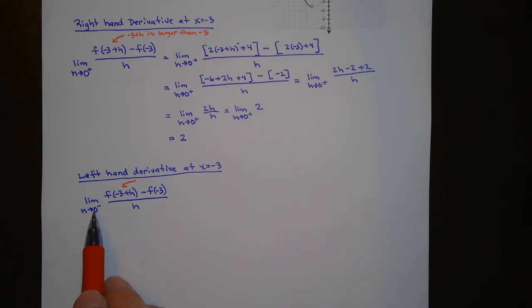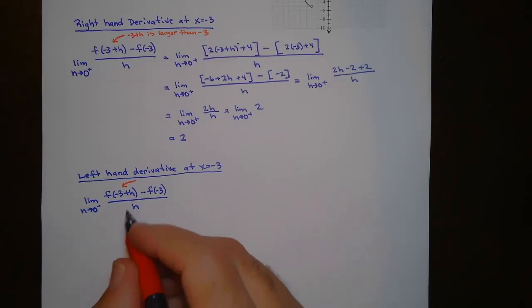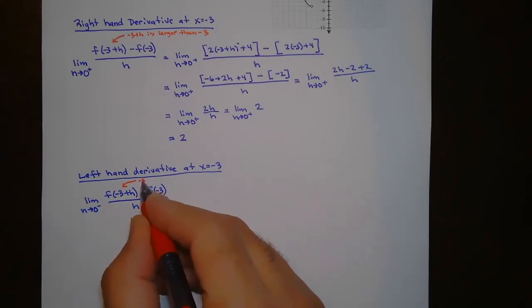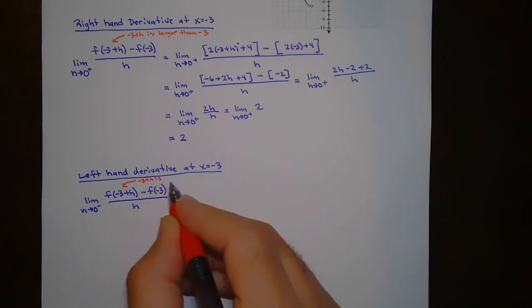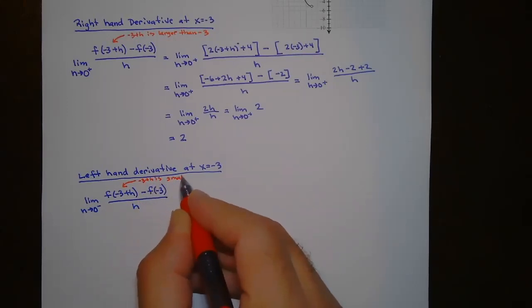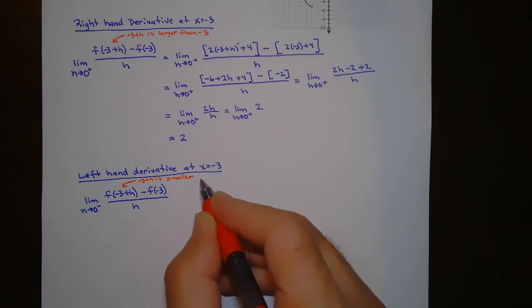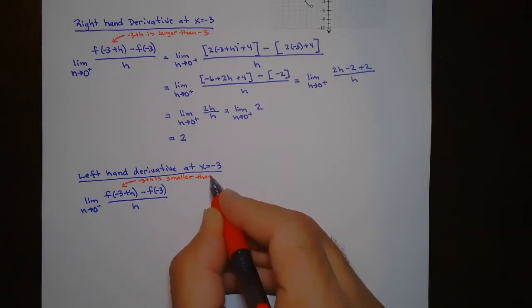Okay, that would mean that our h values that we're putting in would be negative. If it's negative, that's -3 minus, right? And so that's going to actually make it smaller than -3, okay? So this time, -3 plus h is smaller than -3.